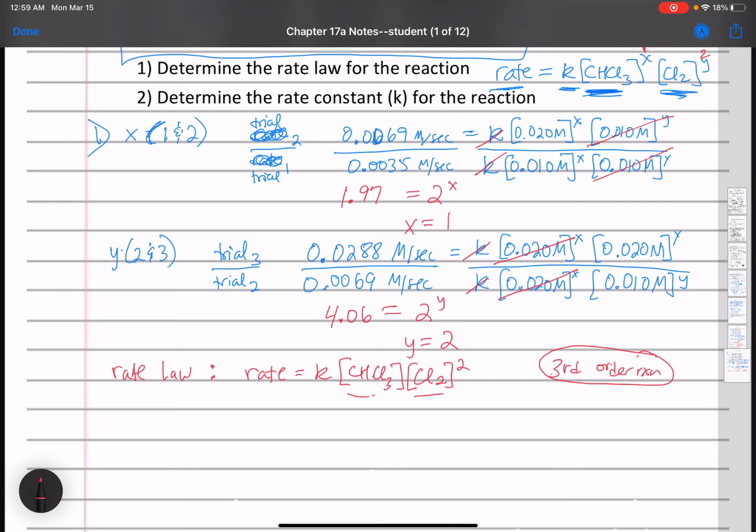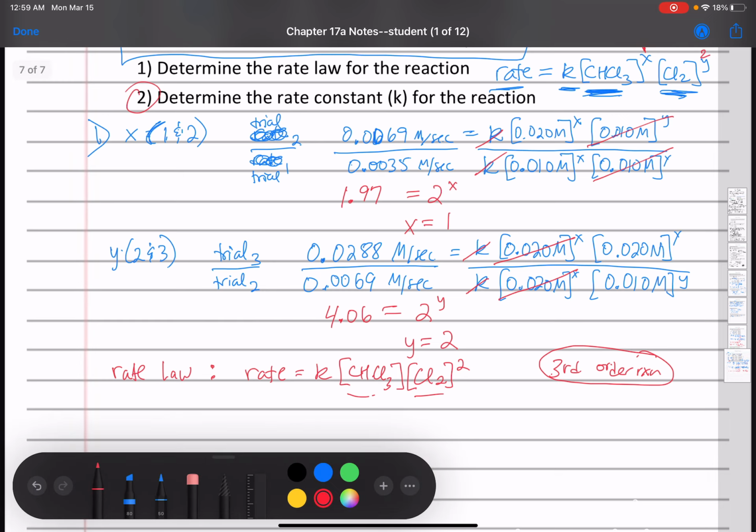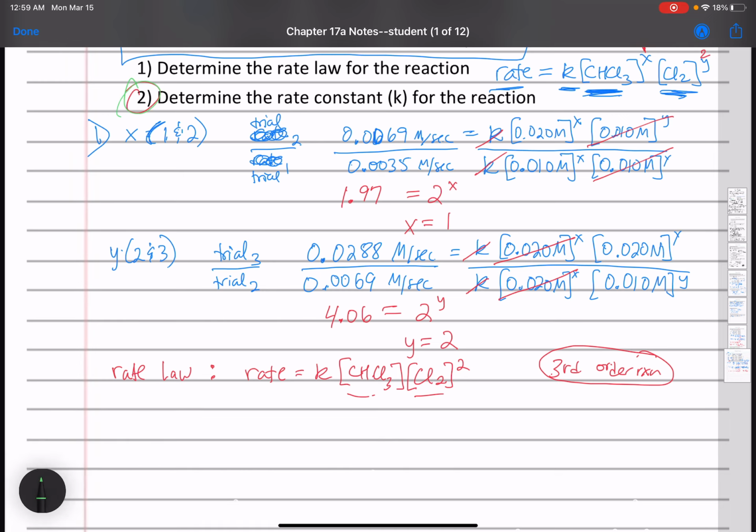So to complete this, the second question here said determine the rate constant K for the reaction. So I'm going to do that in green, little color coding here. We need this rate law in order to figure out the rate constant.